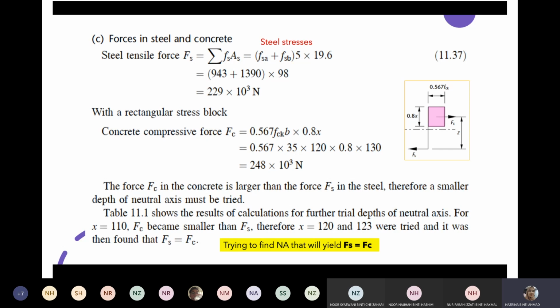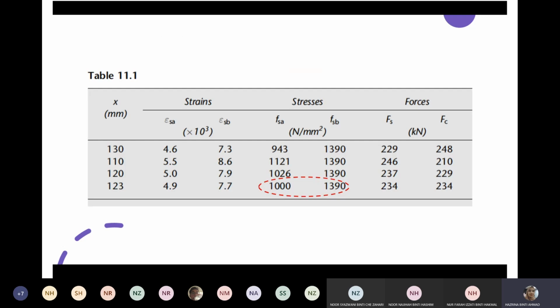Therefore, a smaller depth of neutral axis must be tried. Just now we are using 130, so now we can reduce the value of x a bit, right? Table 11.1 shows the results of calculations for further trial depths of neutral axis. The first trial is 130, so we can reduce the value of x to 110, 120, and also 123.